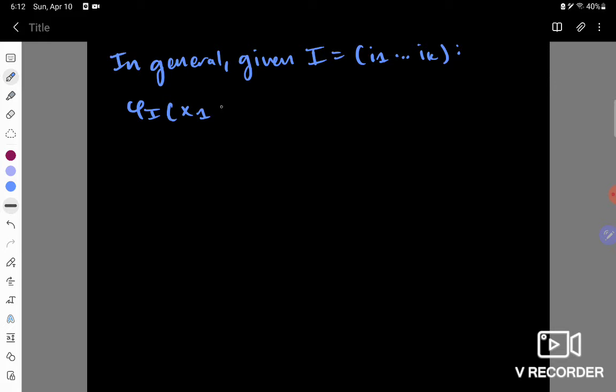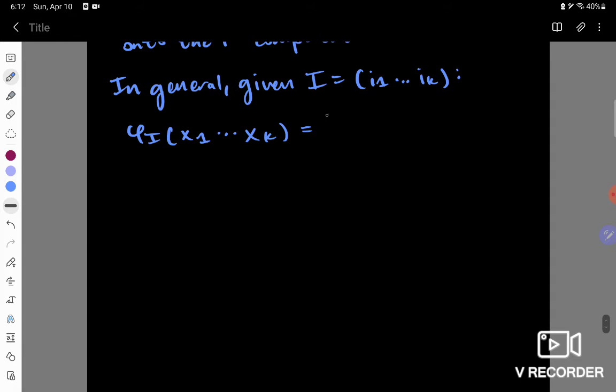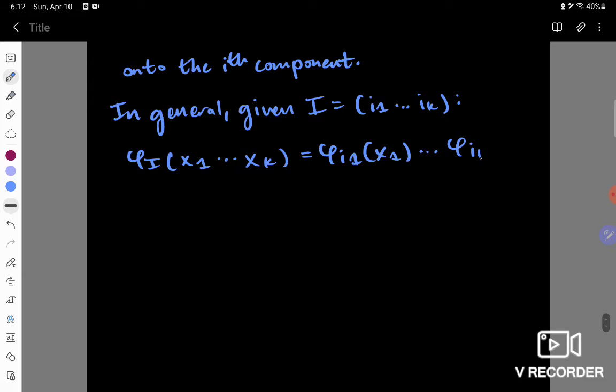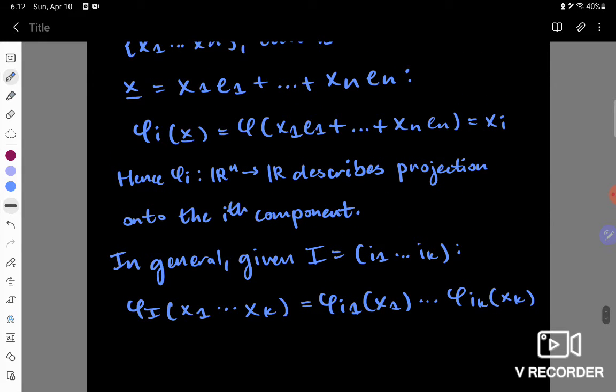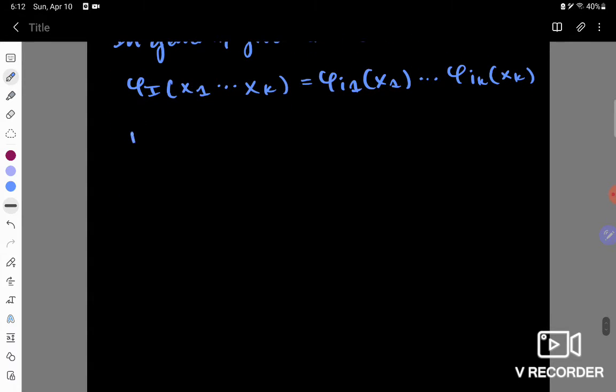and now phi_I, because now we're specifying on a whole k-tuple, acting on x_1 through x_k, is going to satisfy phi_I(x_1, ..., x_k) equals phi_{i_1}(x_1) through phi_{i_k}(x_k), right? So it equals this product over here.